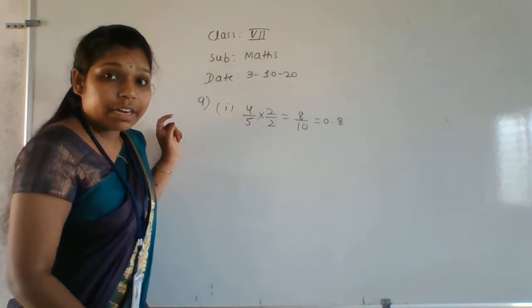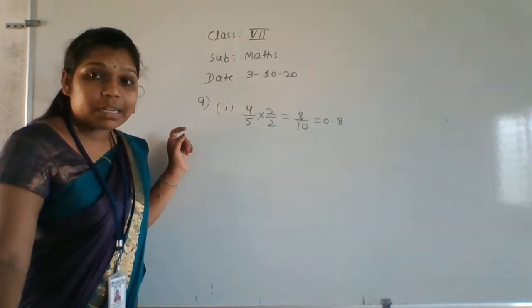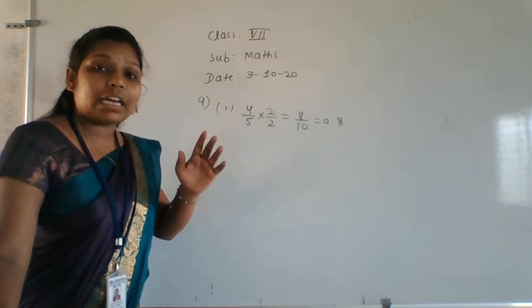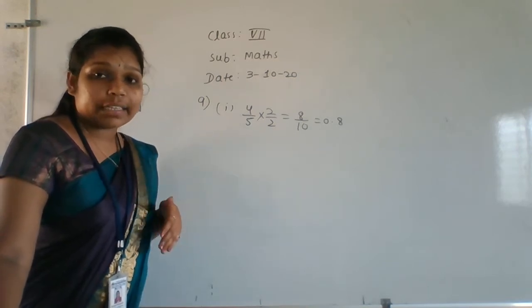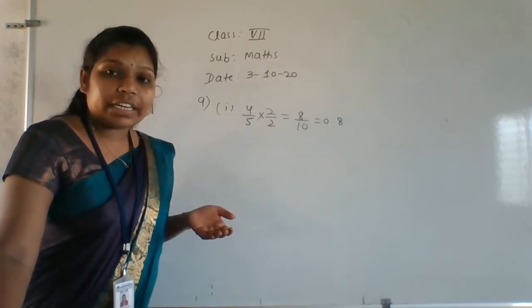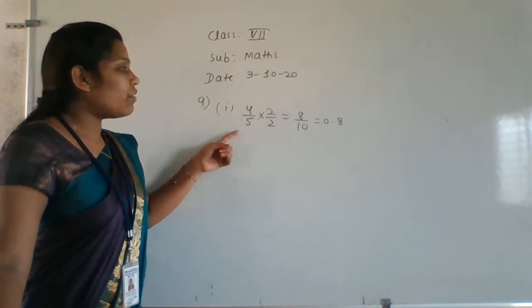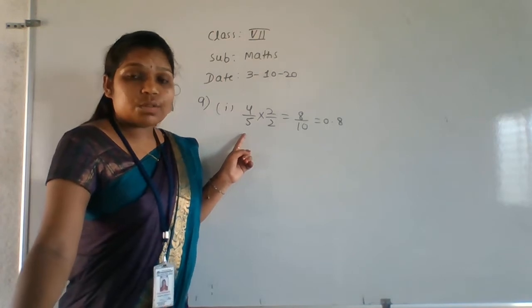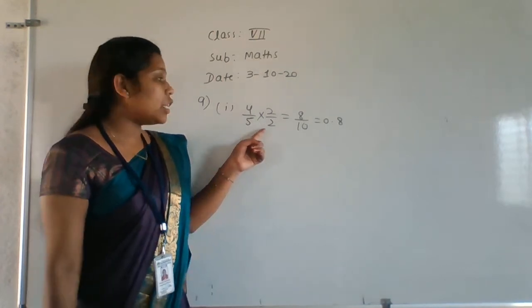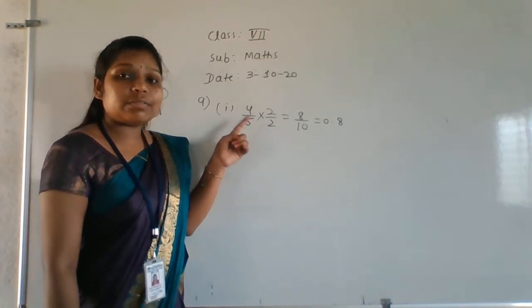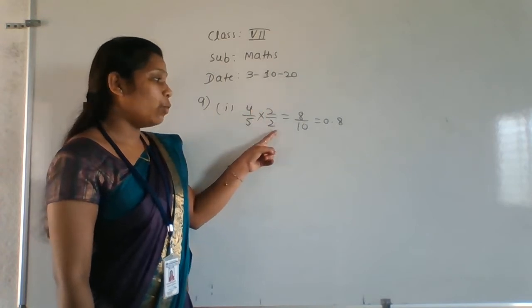Getting how to write the equivalent fraction, you know, right? Equivalent fraction means we have to multiply the same value to the numerator and denominator, then only it is an equivalent fraction. So we are converting to an equivalent fraction only. 4 by 5 is the given question, so we are converting first so that the denominator value is 10, that's why I am multiplying 2 by 2.